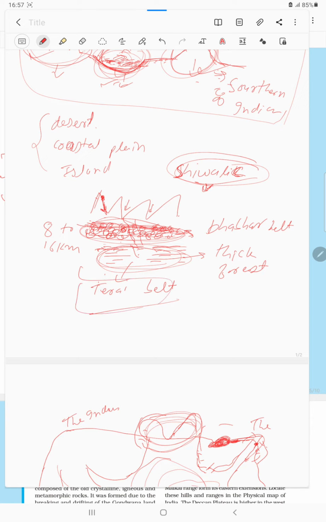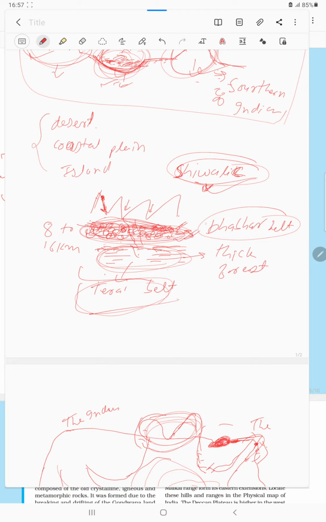Clear this thing? Just after the Shivalik we have the Bhavar belt, and after the Bhavar belt we have the Tarai belt. What is the difference between them? Bhavar belt contains rocks. But in Tarai, the river which disappeared is formed due to the accumulation or deposition of sediment by the rivers flowing from the Himalaya.